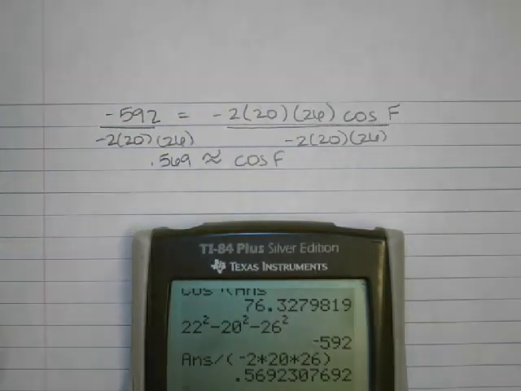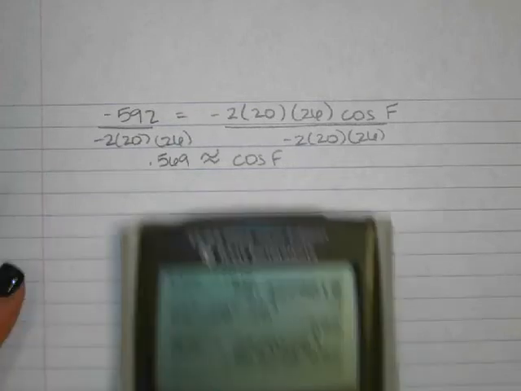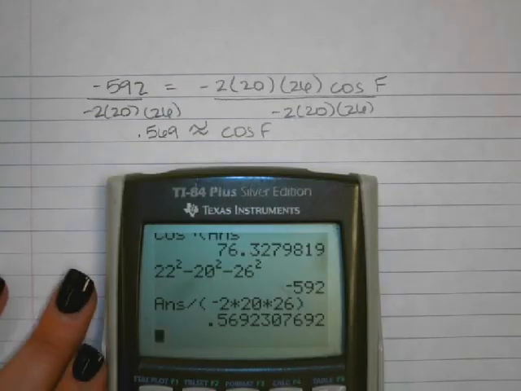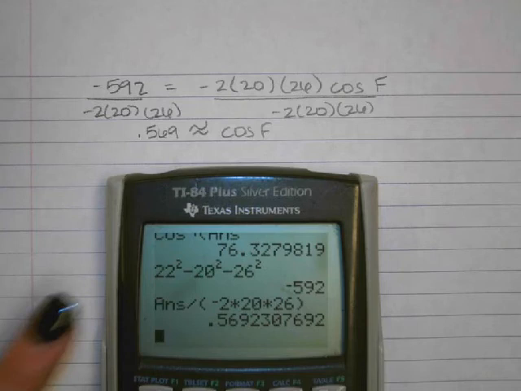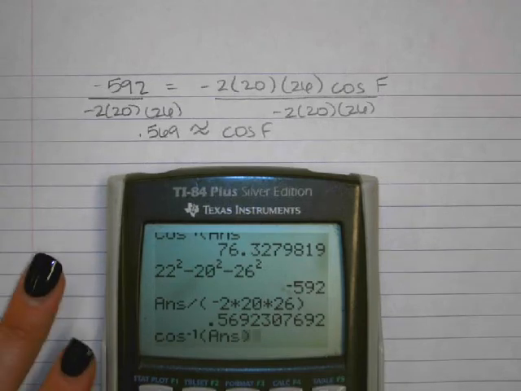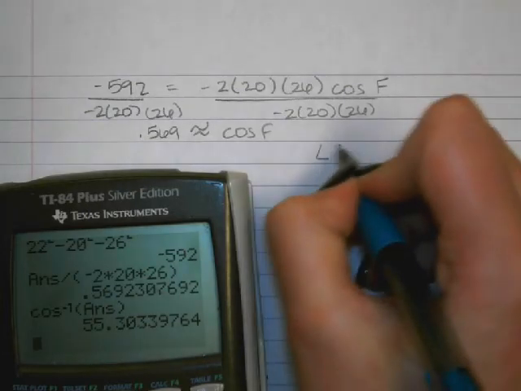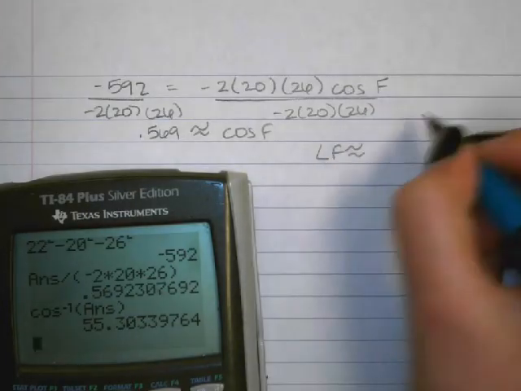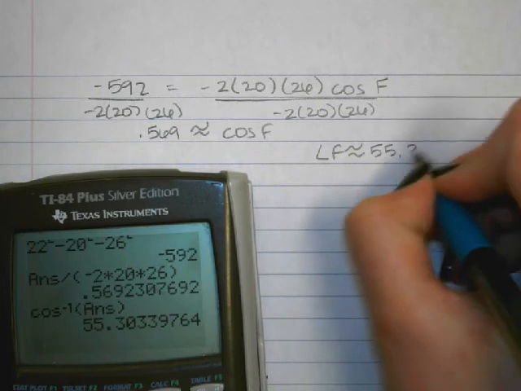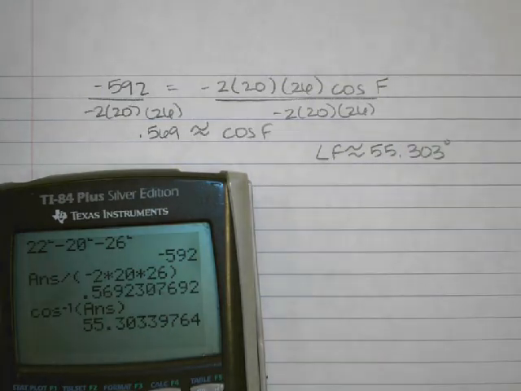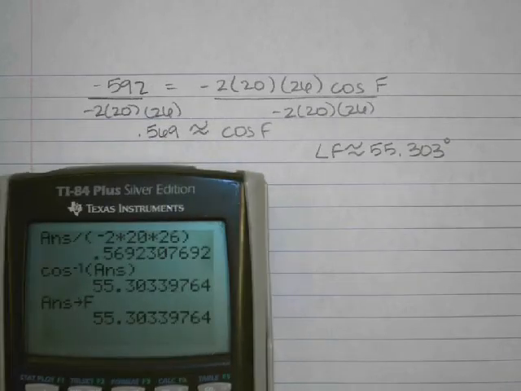You guys, I didn't store it. Shucks. Okay, so 0.569. And then I'm going to second cos, second answer. So angle F is 55.303 degrees. All right, I'm going to go ahead and store that as F while I'm thinking about it.